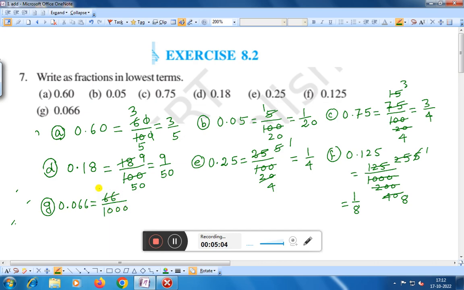If we divide it by 2, 2 3s are 6, 2 3s are 6, and divided by 2, 2 5s are 10, 0, 0, right? Then it is equal to 33 by 500. This is the solution of question number 7.